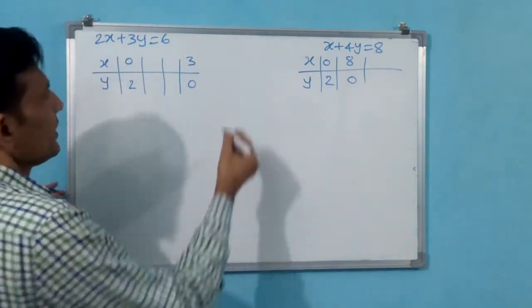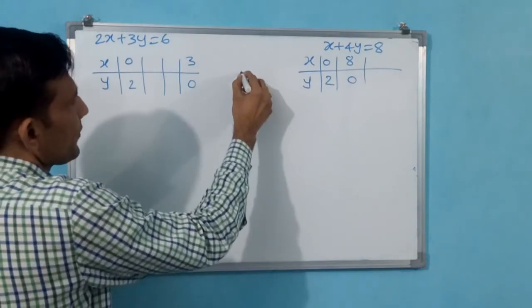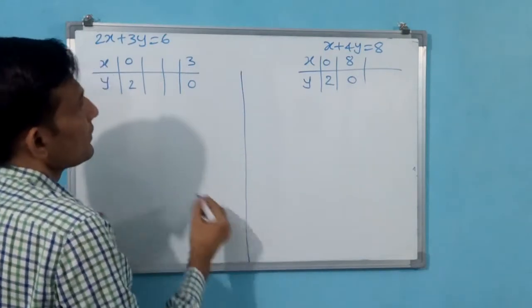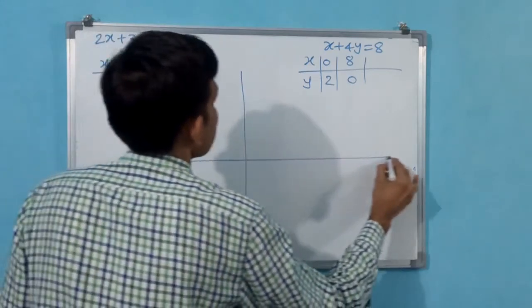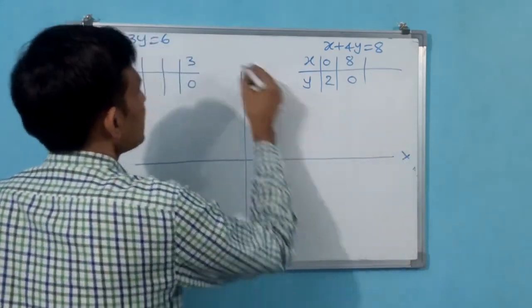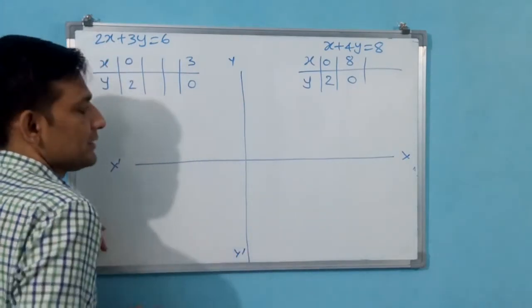Okay. Now see, maximum is 8. 8 is x only. Need not worry. 8 will come. X, y, y dash, x dash.